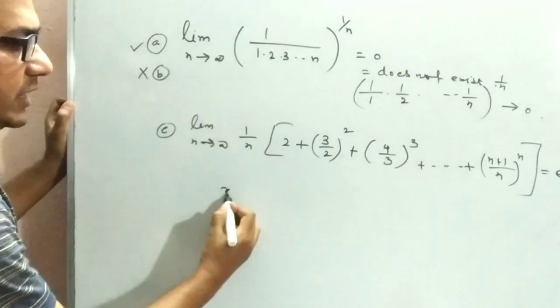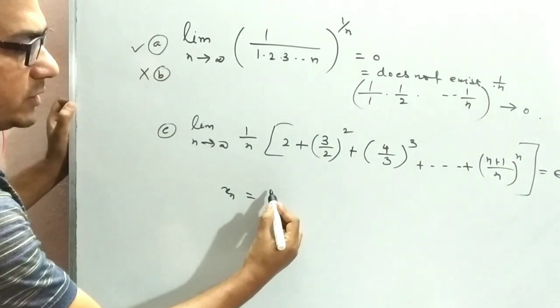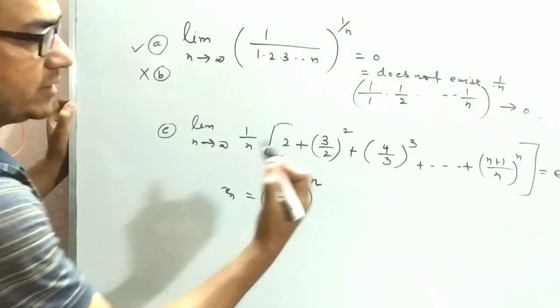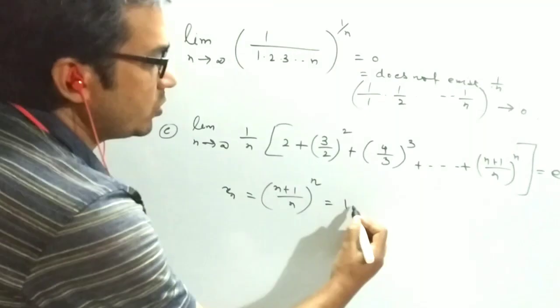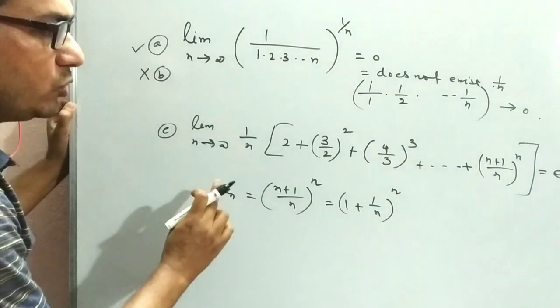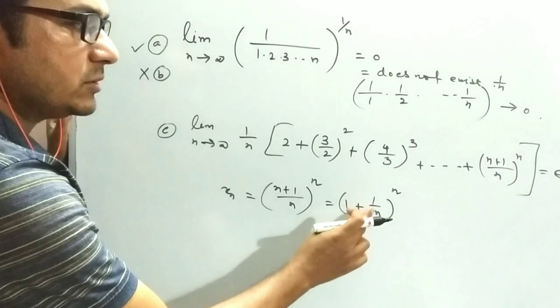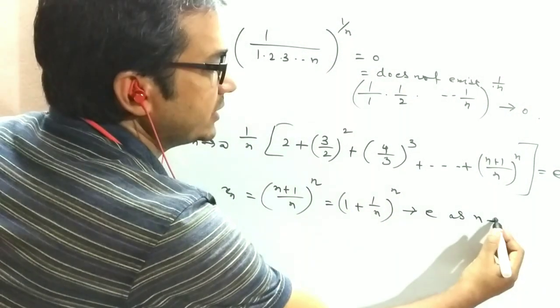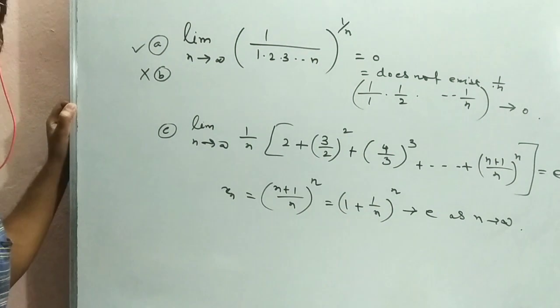Here if we choose xn equal to (n plus 1 by n) whole to the power n, that is (1 plus 1 by n) whole to the power n, and we know this tends to e as n tends to infinity, right?